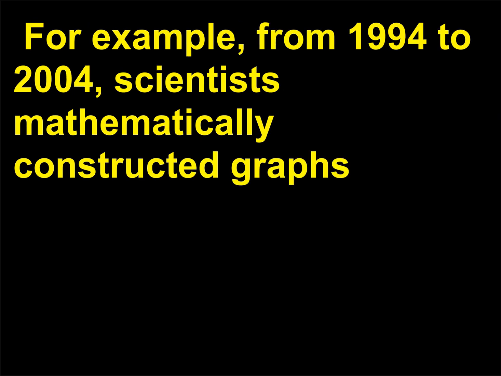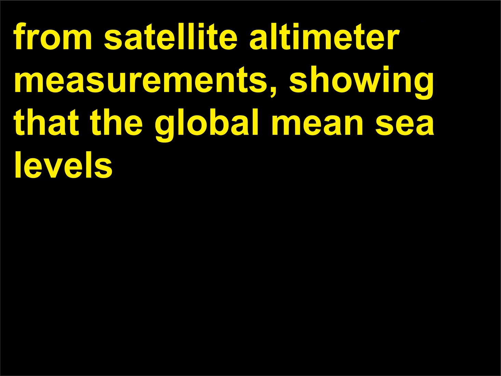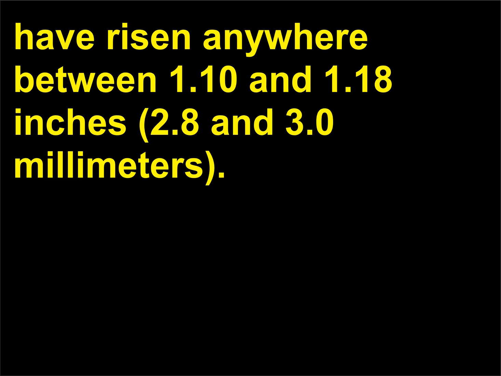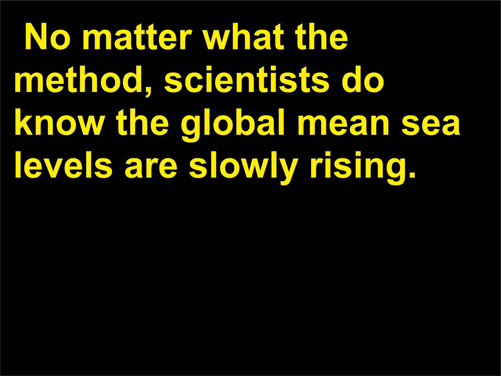For example, from 1994 to 2004, scientists mathematically constructed graphs from satellite altimeter measurements, showing that the global mean sea levels have risen anywhere between 1.10 and 1.18 inches, 2.8 and 3.0 millimeters. No matter what the method, scientists do know the global mean sea levels are slowly rising.